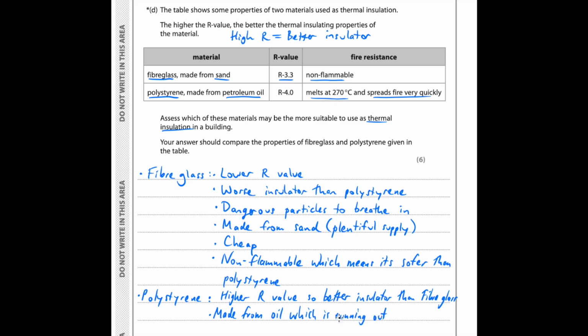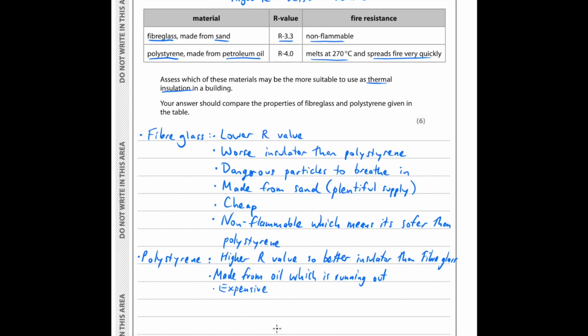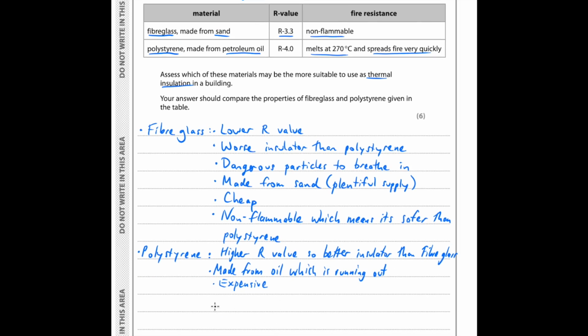Now that could make it expensive, because it would have to be extracted, and that could make it environmentally damaging to the environment. And it's dangerous because it spreads fire very quickly and it melts. You'll have all sorts of toxic fumes coming off it if it's oil.